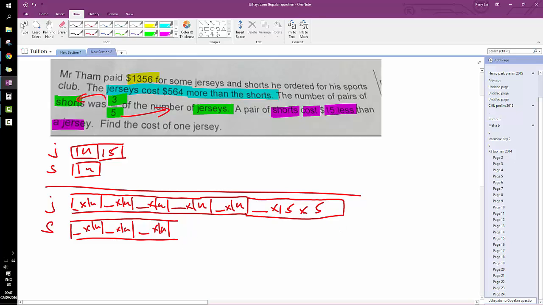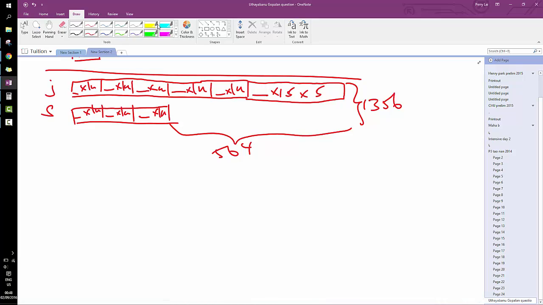So that makes 45, just make a mental note of that. And the total of it is the yellow highlight, which is 1356. The jerseys cost more than the shorts, so 564. Okay. So I want to find these 6 boxes. So I'm going to subtract those two numbers.